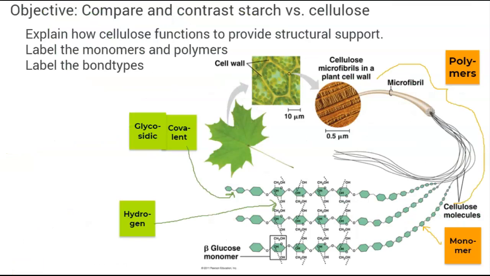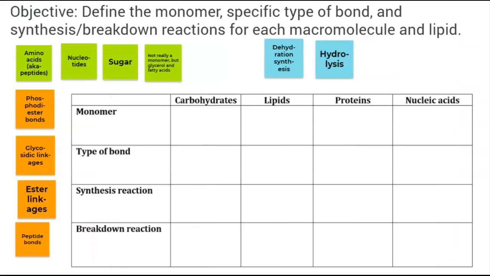So now that we have that background, what I'd like to do is take a step back and look at the big picture that we are going to be looking at for all types of macromolecules. So for carbohydrates, right, I'd like you to take a second to look through here. What's the monomer that we use? What is the type of bond? And then if you happen to know the synthesis reaction and then the breakdown reaction.